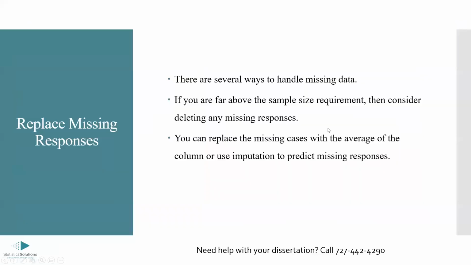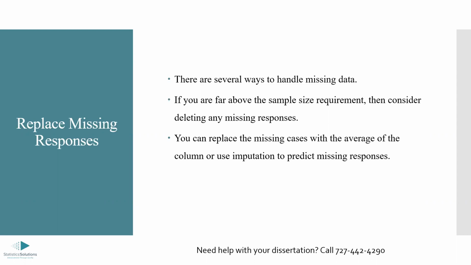The next step is looking at missing responses. So people who miss complete surveys or people who fail to answer items in the middle here and there. There are many ways to deal with missing data. You can impute, meaning you can use a regression model to predict what those missing values may have been, which is a little bit of a more complicated procedure.